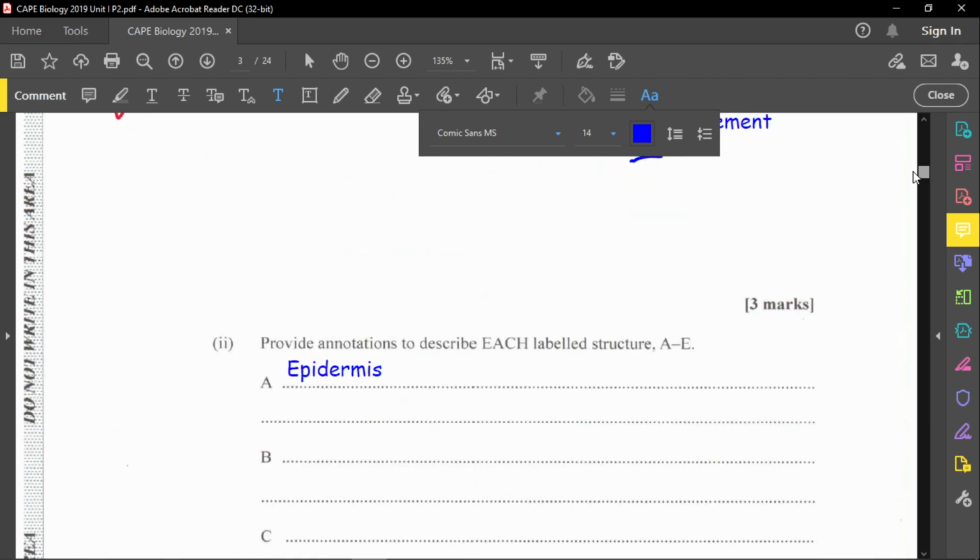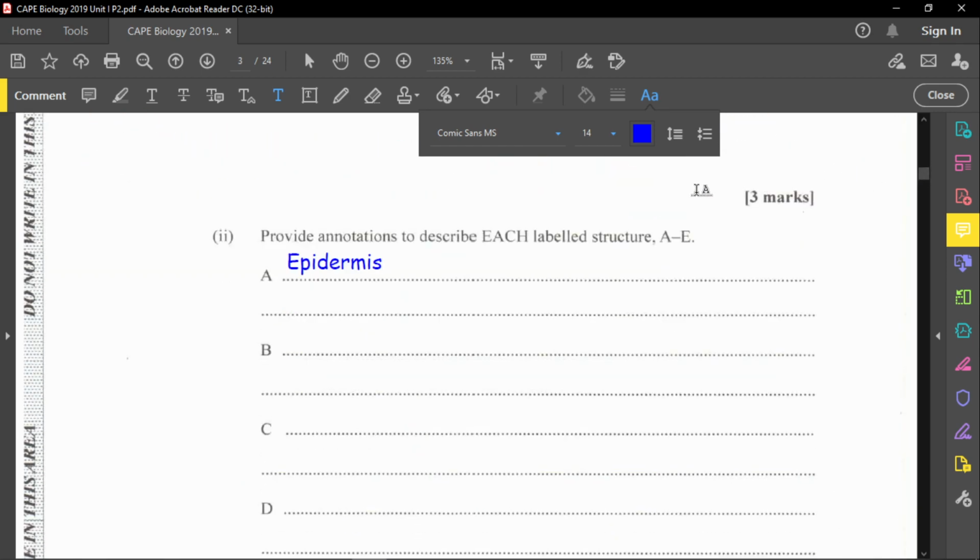All right, so let's go to the epidermis first. When we talk about the epidermis, it is a single layer of cells that covers the plant stem.